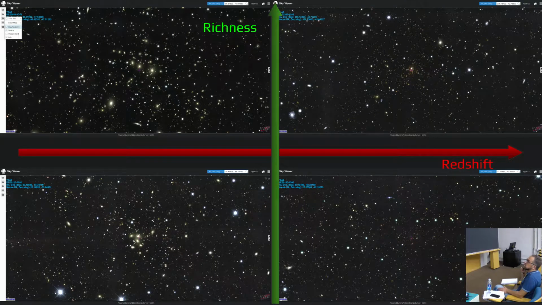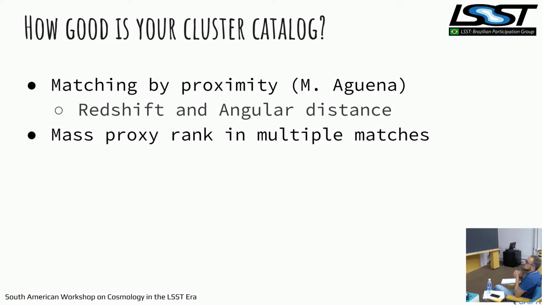And then we use that system to eyeball, verify and validate the findings. But eyeballing is not enough. You need to check how good your cluster catalog is. The first approach is to do some matching by proximity. That means if a cluster in both catalogs has the same X, Y, and Z position, that would give you a match.